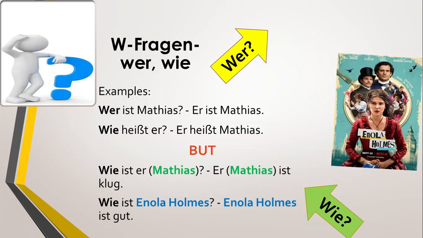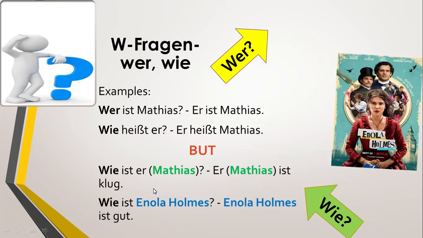So this shows that when the verb sein comes with the question wie and not wer, then we are actually describing that person. So we are telling an attribute of that person.